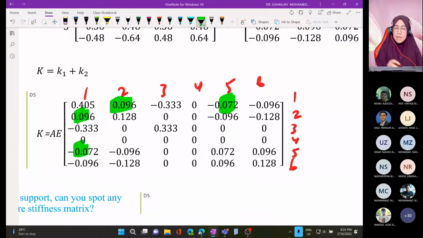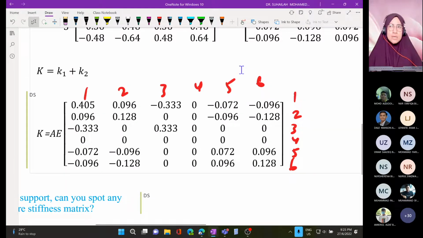Sini sama dengan sini, symmetry. So it actually carries all the characteristics of the stiffness of the matrix. And how to get this? Dalam ni kita selalu sebut matrix 1 1, 1 2 until 1 6, 3 4, 3 5, 3 6 until 6 6.